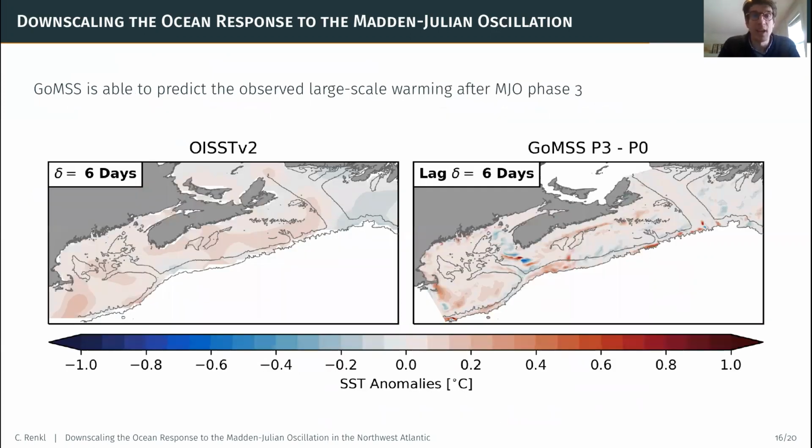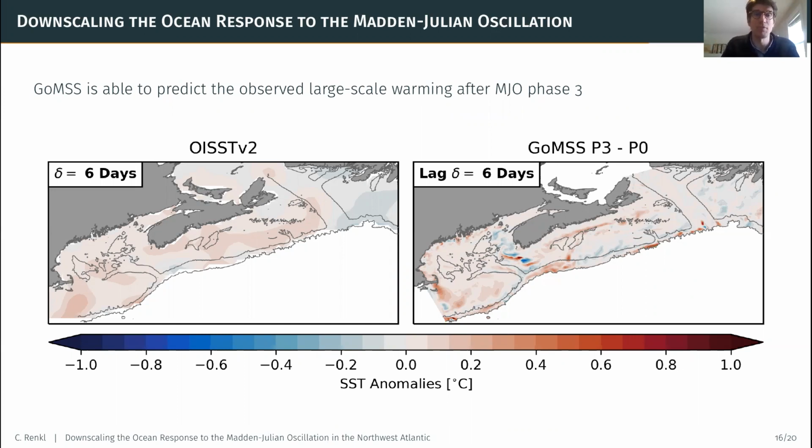Okay, now let's have a look at the predictions of the SST response of GOMS in response to the MJO forcing. On the left-hand side, I'm showing you the observations, and on the right-hand side, I'm showing you the difference between a model run including the MJO forcing for phase 3, minus the reference run, which doesn't include the F hat forcing.